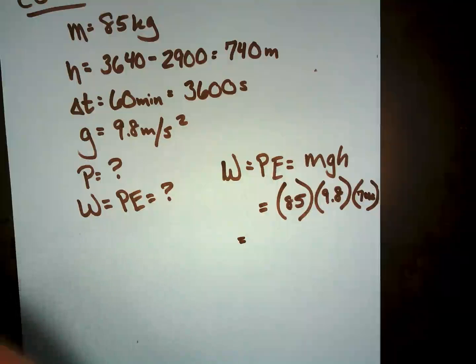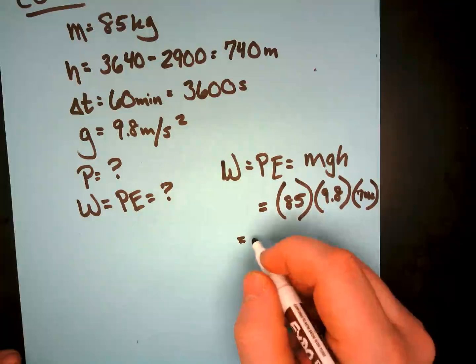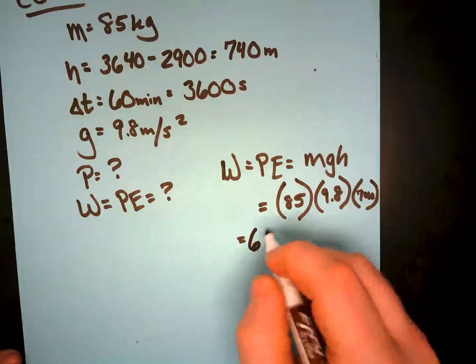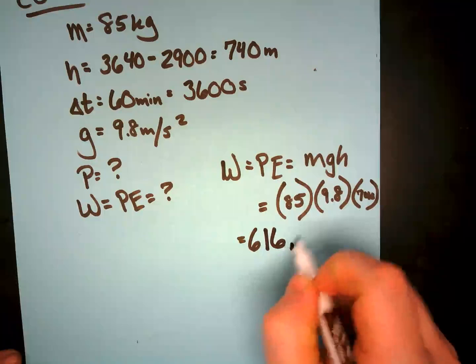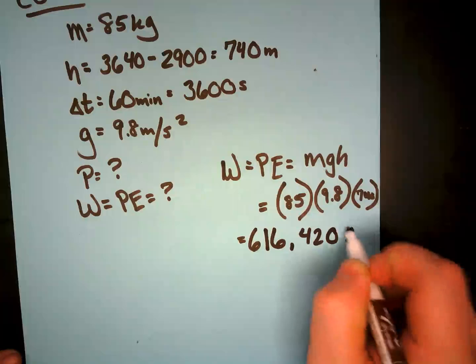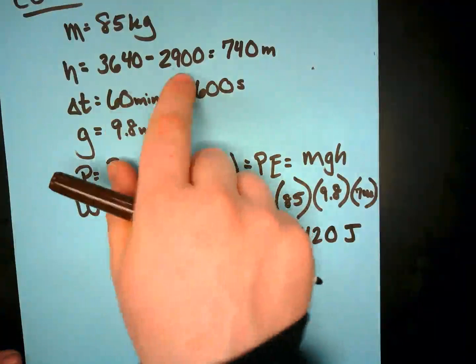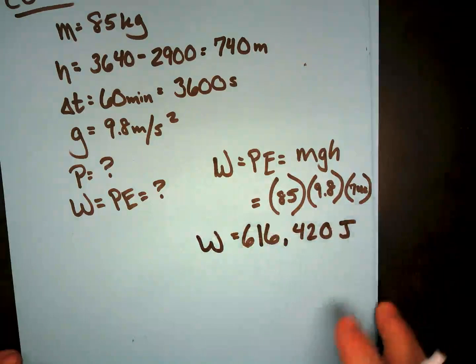So 85 times 9.8 times 740. It's a pretty good height here, so this dude used up 616,420 joules worth of energy to go from here to here. We'll say that this is the work done.